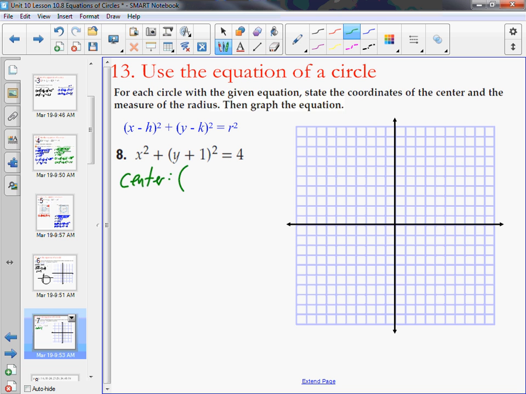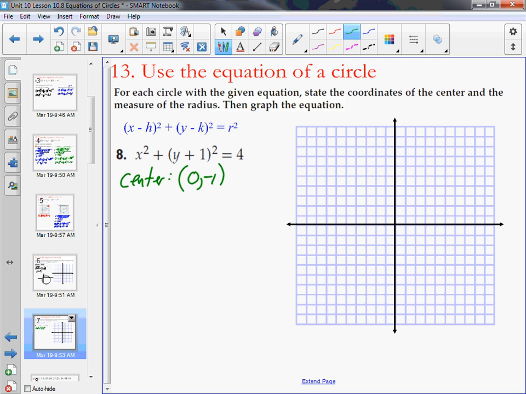What's the x-coordinate of the center? 0. If it's x minus h, and then it shows up in the equation as just an x, h had to be 0, didn't it? So x minus 0. And what's the y-coordinate of the center? Negative 1. All right? Y minus k, and then since we see y plus 1, that must really be y minus negative 1.